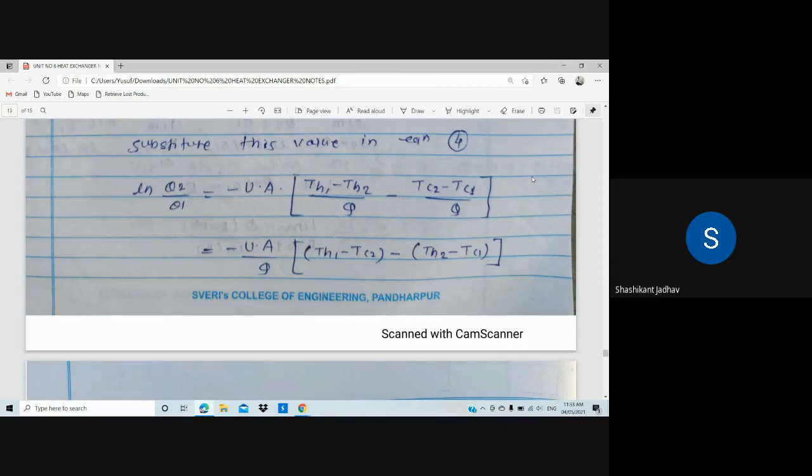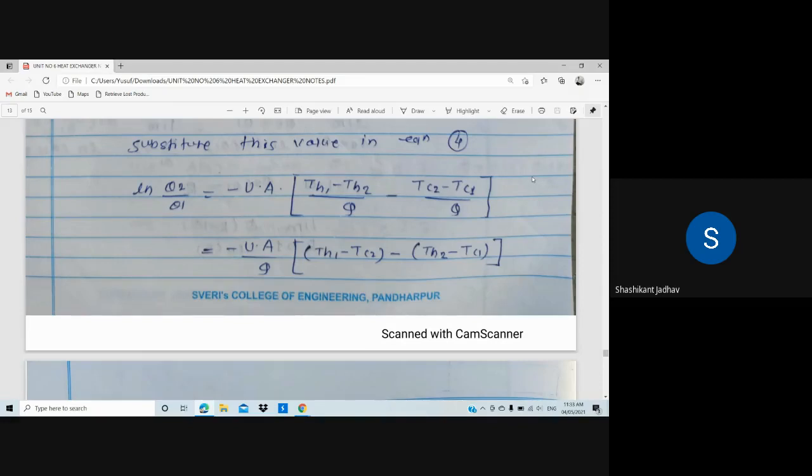So by taking Q as common, the equation becomes ln theta 2 by theta 1 is equal to minus U into A divided by Q into bracket TH1 minus TC2.